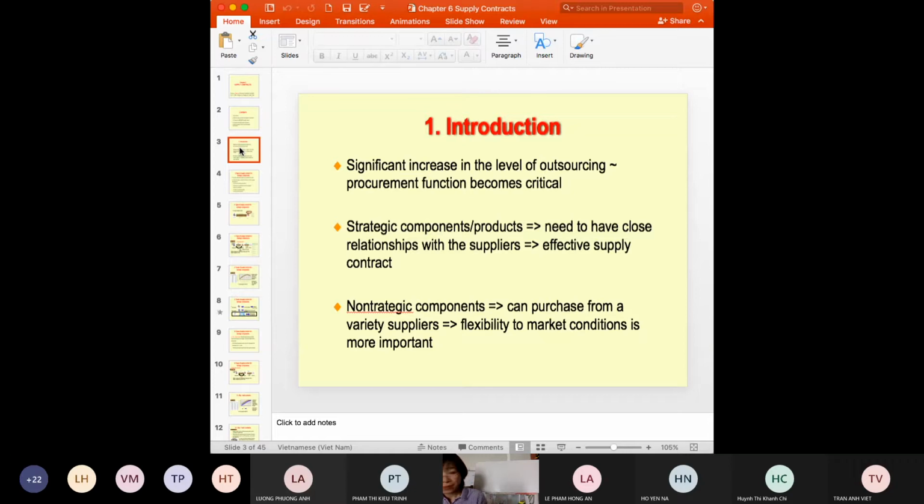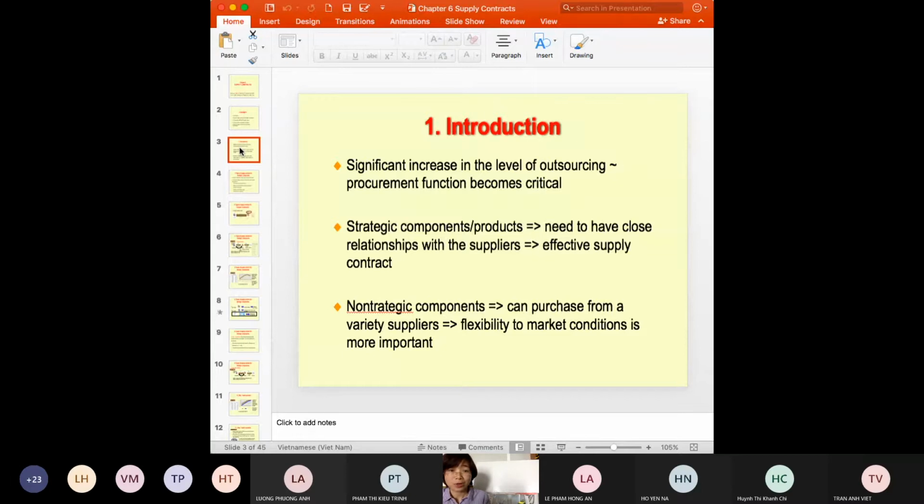For example, with a computer, they must outsource from other suppliers, maybe material, each component in the computer, right? So right now, many companies do outsource.